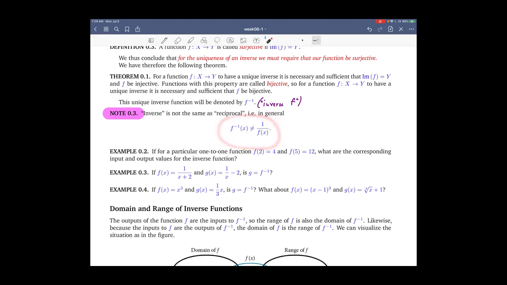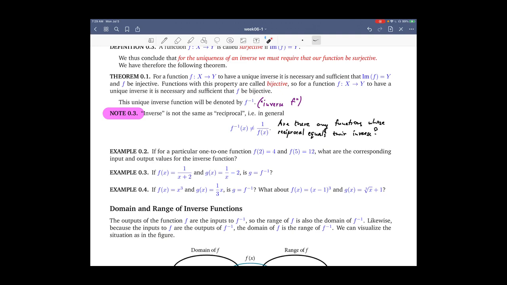Are there any functions whose reciprocal equals their inverse? In general, that's certainly not the case. Do not confuse these two concepts, reciprocal and inverse.